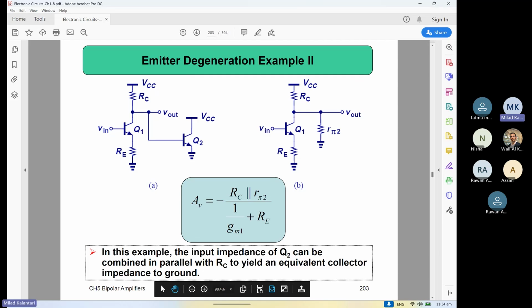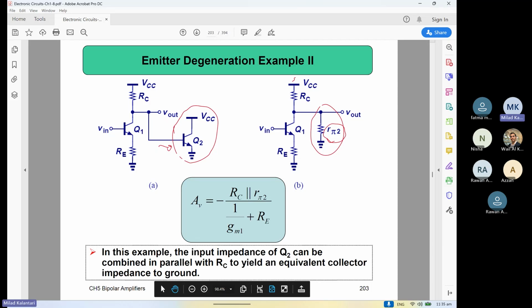Right? This is another example. This time there is some transistor at the output. From the output side, what you are seeing in this transistor is basically R pi 2. So you put it in the small signal model, right?